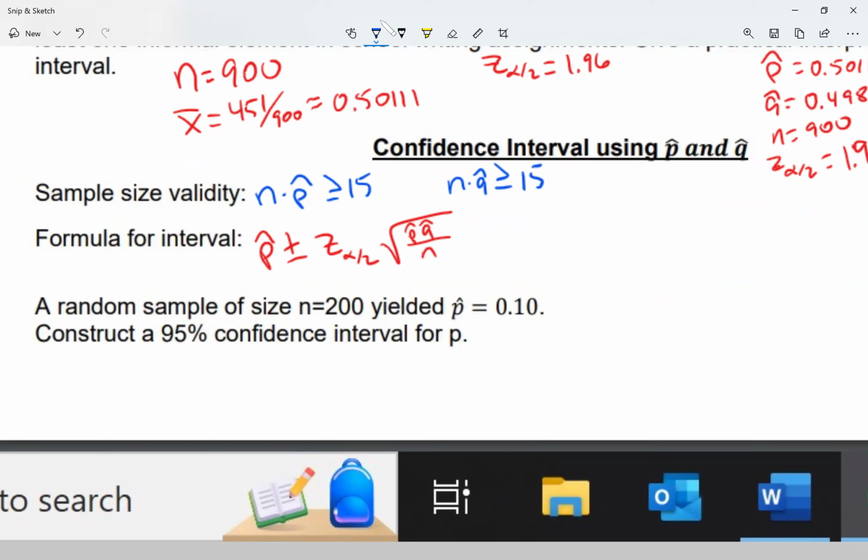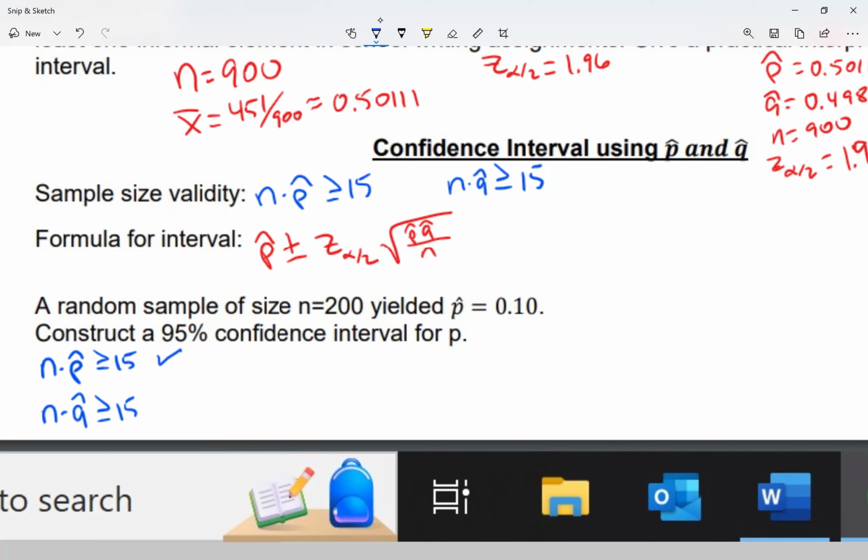I have to go n times p hat, so 200 times 0.10, and this answer has to be greater than or equal to 15. According to my calculator, I get 20. So it's good, it's greater or equal to 15. Then I check n times q hat, which also has to be greater than or equal to 15.